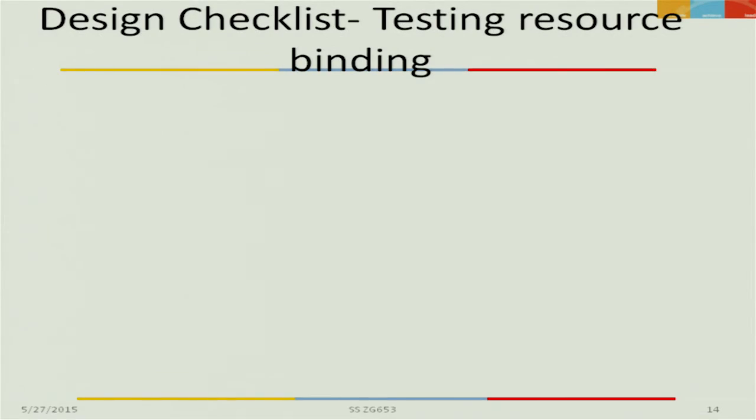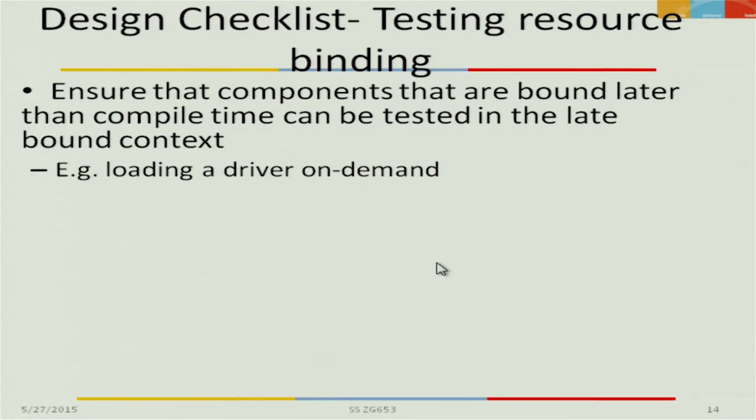Let's look at some more, which is testing the resource binding. Ensure that the components that are bound later than compile time can be tested in a late binding context. An example is that you are loading a driver on demand, and that's a feature of the system.